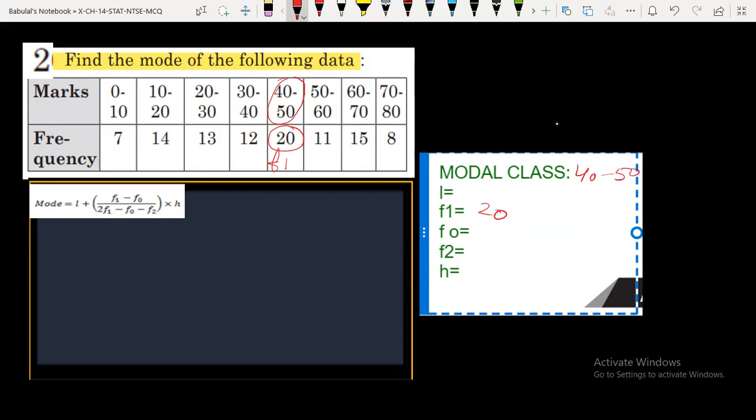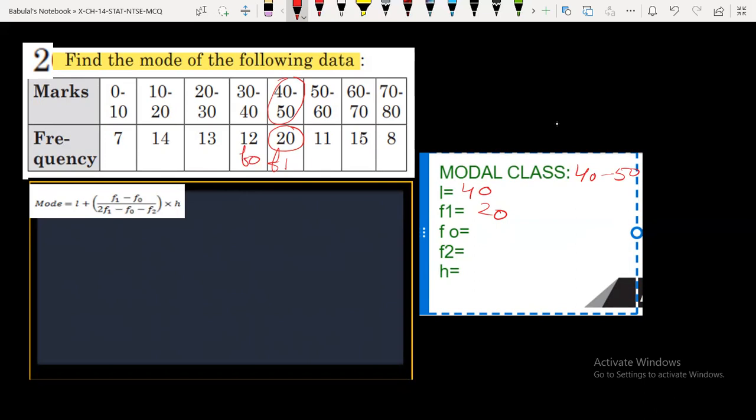वो class interval जो highest frequency को represent करता है वो modal class होता है. And here lower limit of the modal class is 40. L stands for the lower limit of the modal class. And F0 stands for the frequency preceding the modal class.